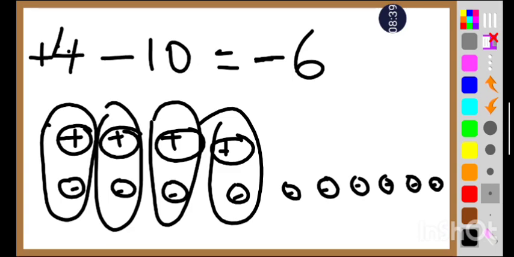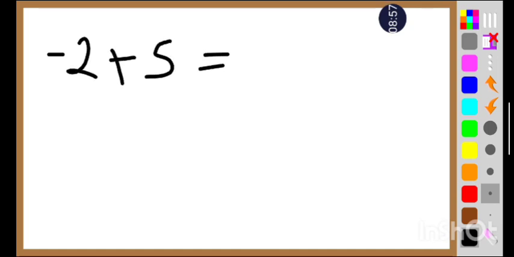Okay, we have another situation where we have negative 2 plus 5.